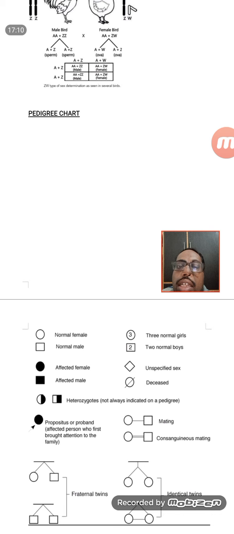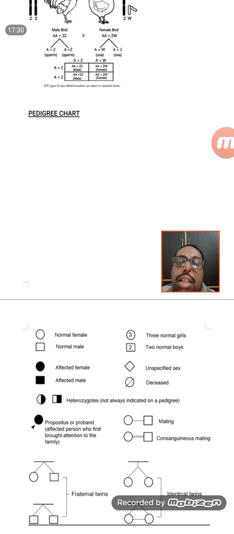Pedigree chart, this particular chart is used by geneticists, those who are especially working in the field of genetics. And why they use this chart is to draw a family tree. Why do they use this family tree?